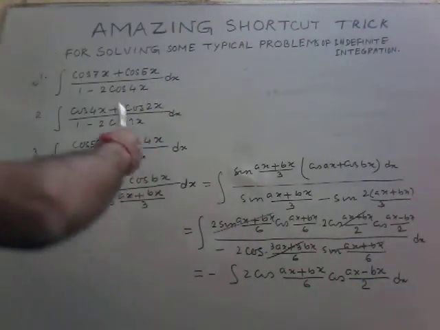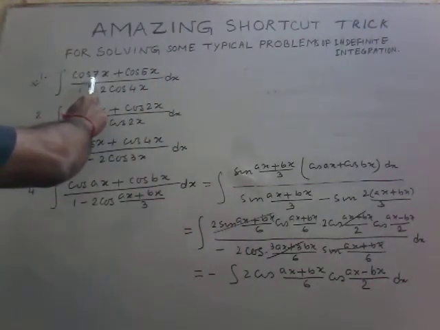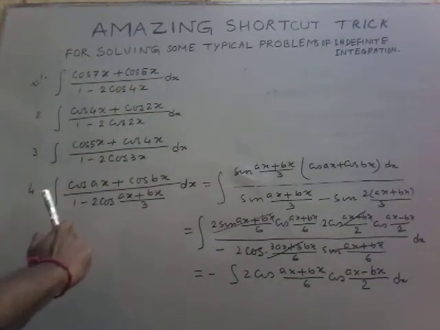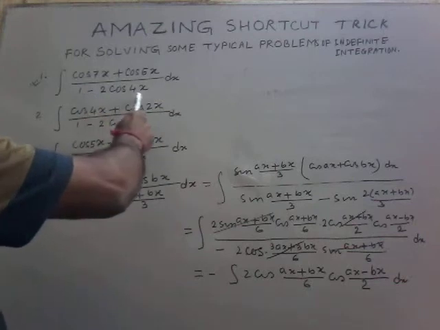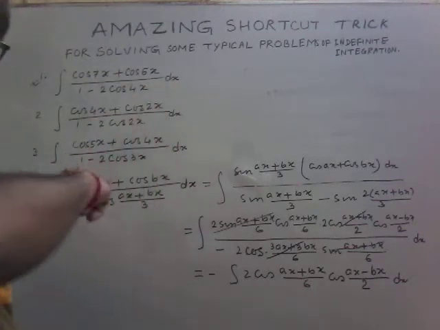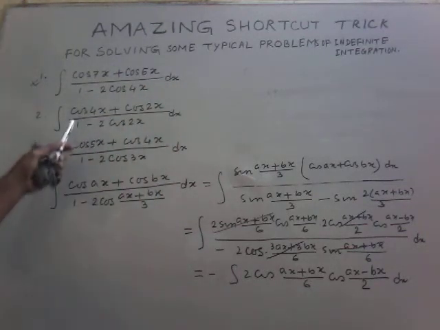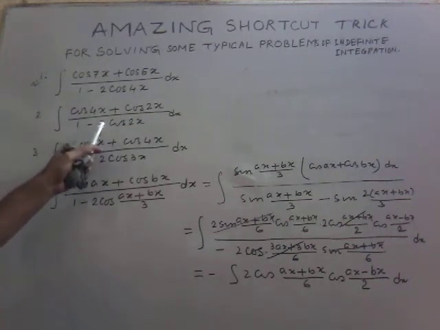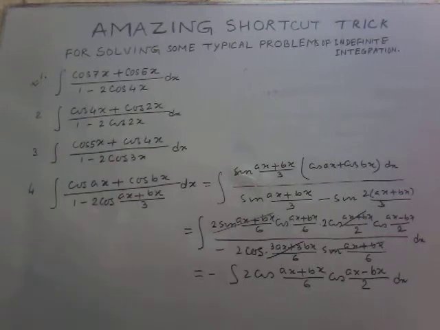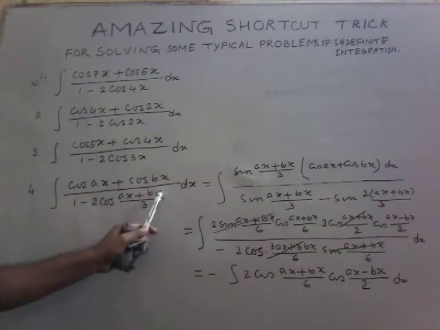Problem number 1: (cos 7x + cos 5x)/(1 - 2 cos 4x) dx. Now second one: (cos 4x + cos 2x)/(1 - 2 cos 2x). And the general one: (cos ax + cos bx)/(1 - 2 cos((ax + bx)/3)).